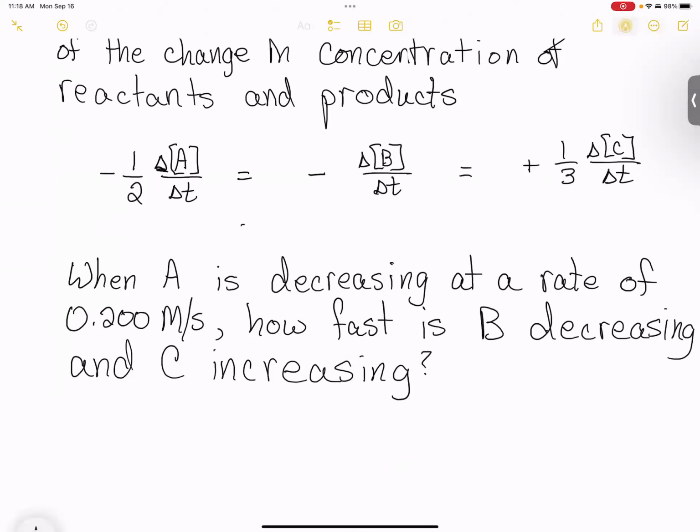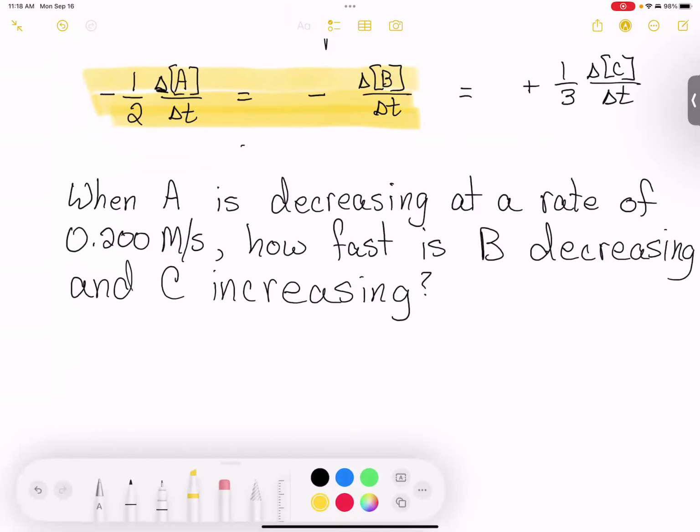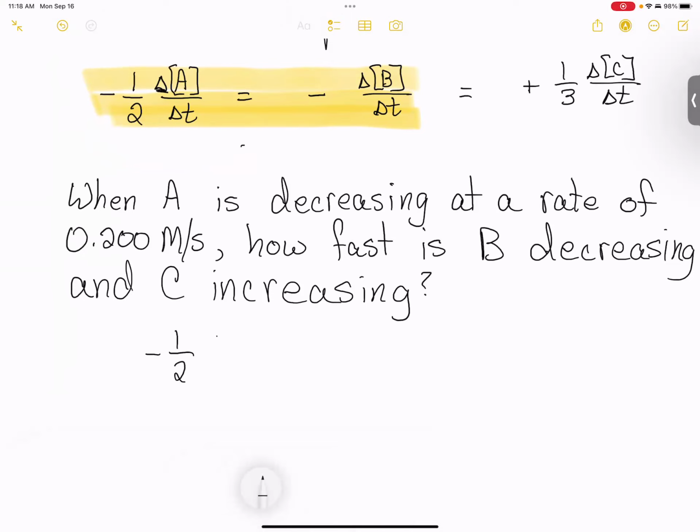Okay, to find B, we're going to simply set the A and the B terms equivalent to one another. So it would be -1/2 the change in concentration of A over the change in time is equal to the negative of the change in B concentration over the change in time.